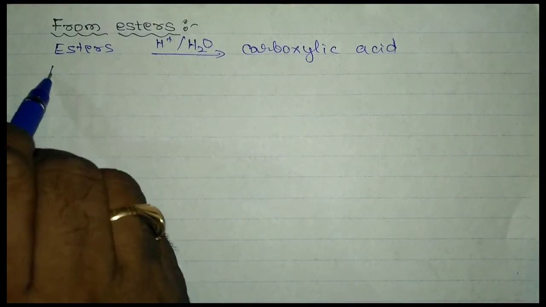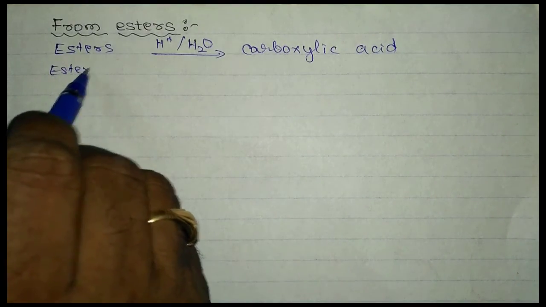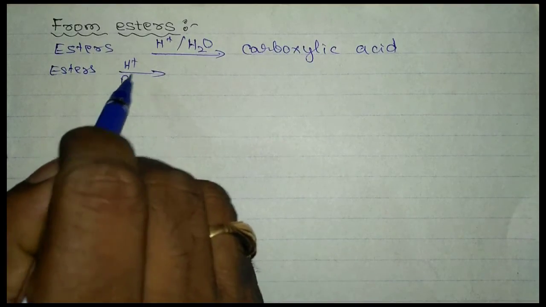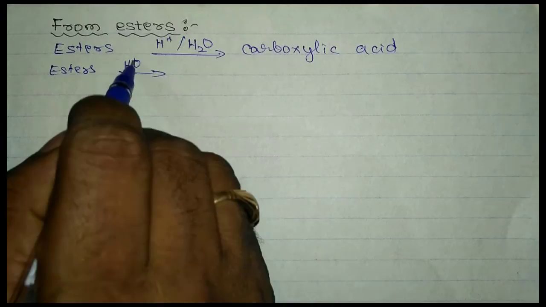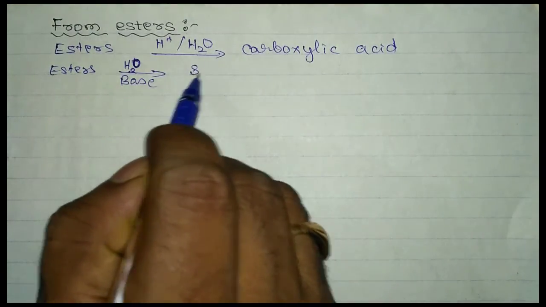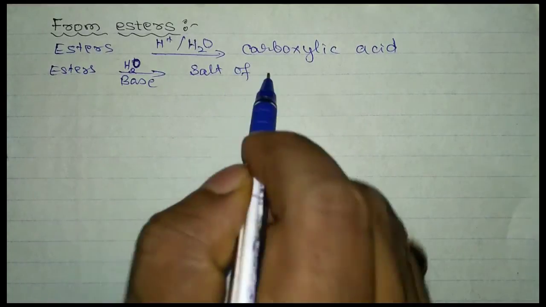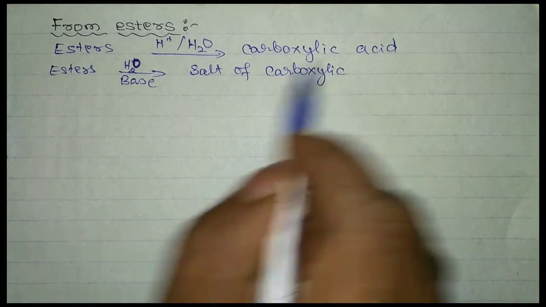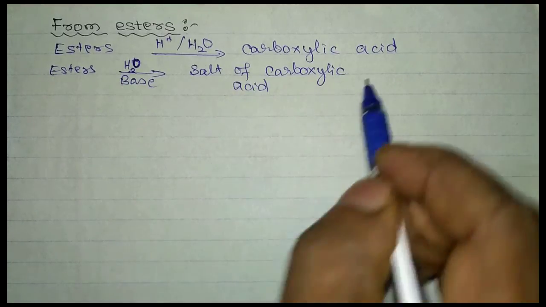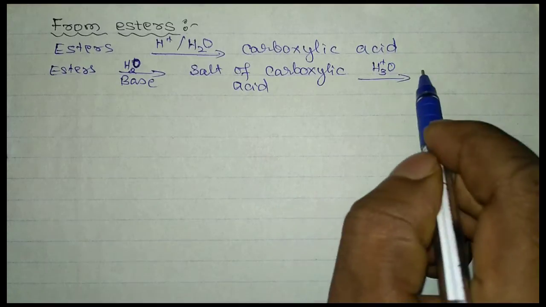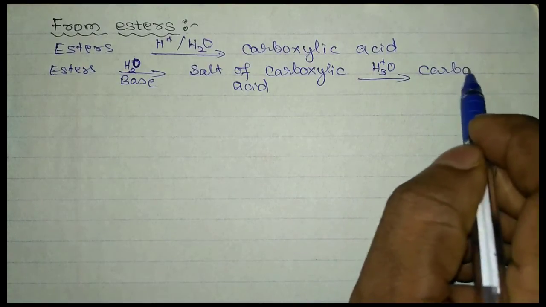If these esters are hydrolyzed in the presence of base, you are going to get the salt of carboxylic acid, which on acidification with H3O+ gives carboxylic acid.